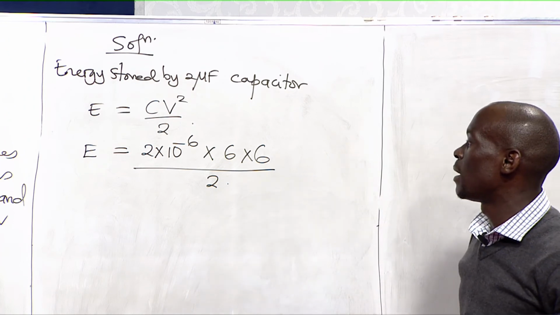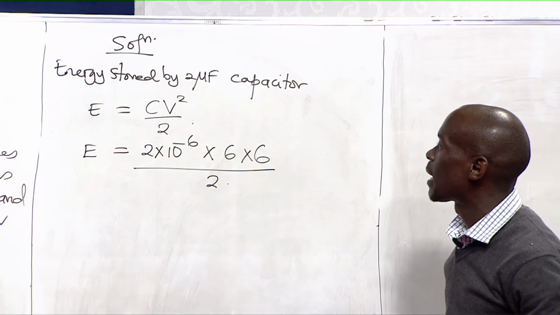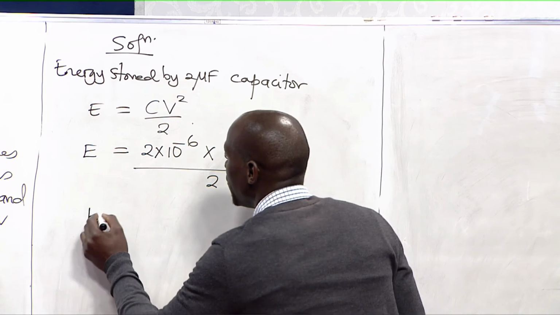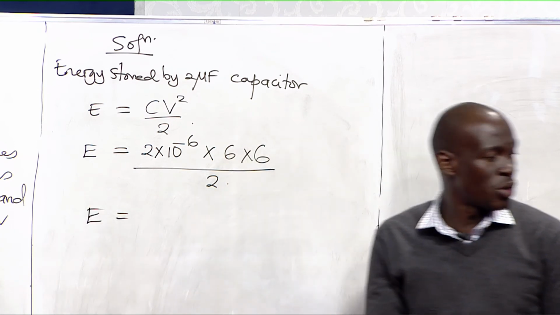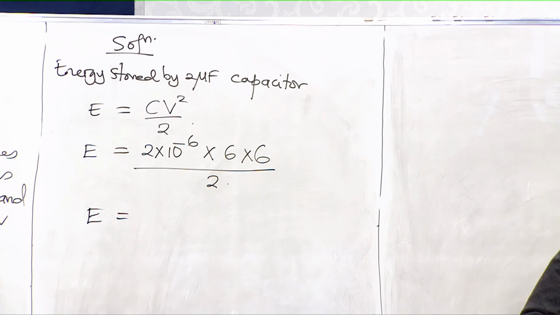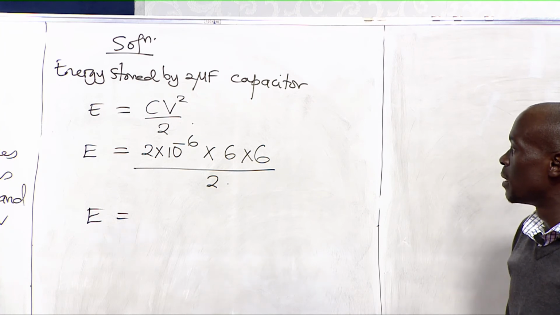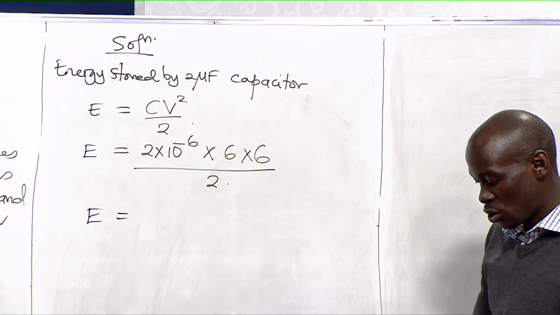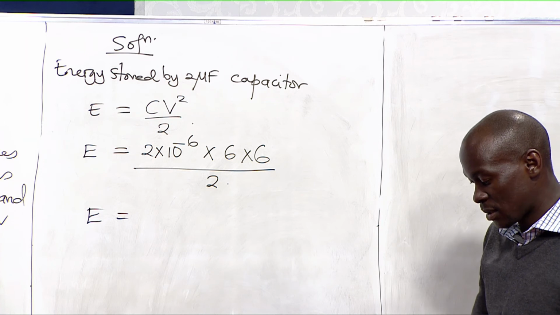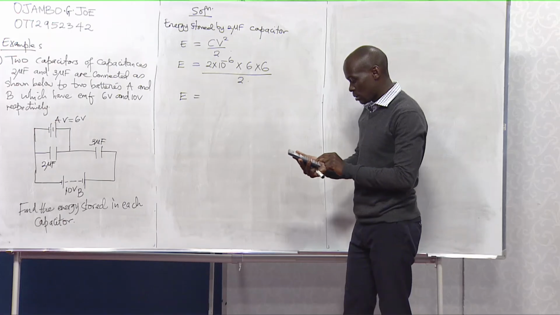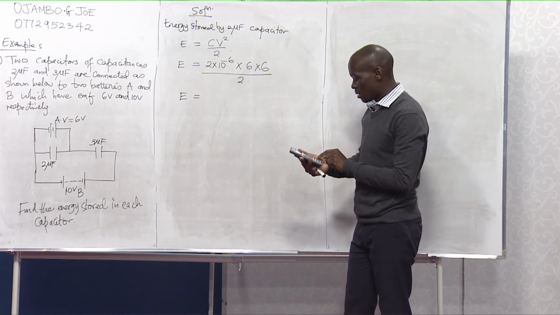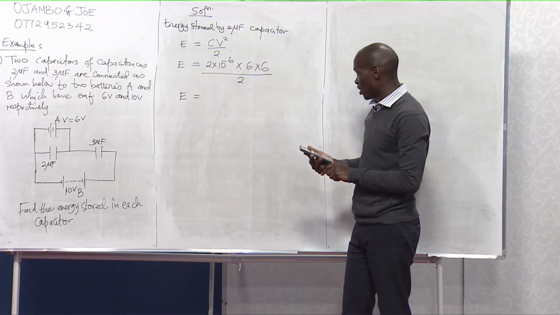And when we do that, what do we come up with? Our E is equal to, here you can get a calculator. I know some of us can work it out very quickly and get an answer, but it doesn't harm. Get your calculator, work it out. So it's going to be 2 times 10 to the negative 6 times 6 times 6, divided by 2, which gives us 3.6.